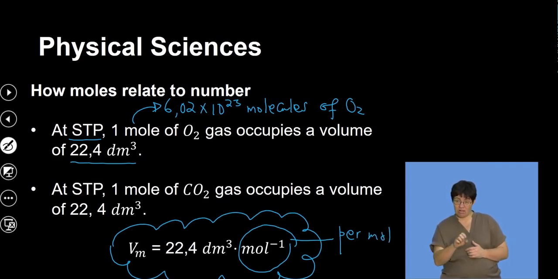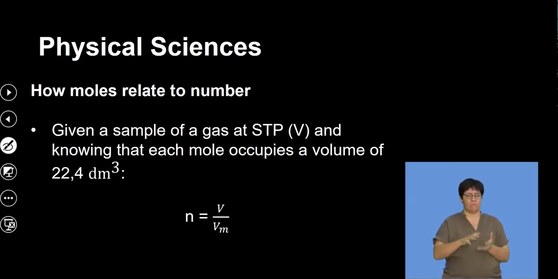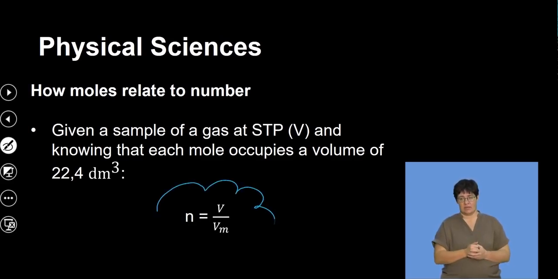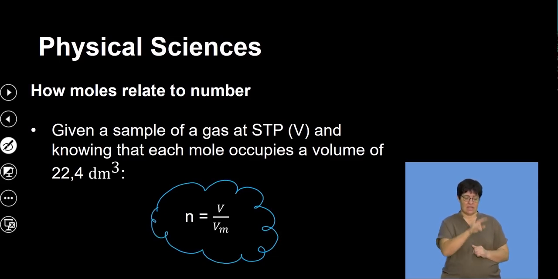So a mole of any gas at STP occupies a constant volume. That's the main point. Given a sample of gas at STP, knowing that each mole occupies a constant volume, this takes us to the equation which says moles of a gas equals volume divided by the molar volume.